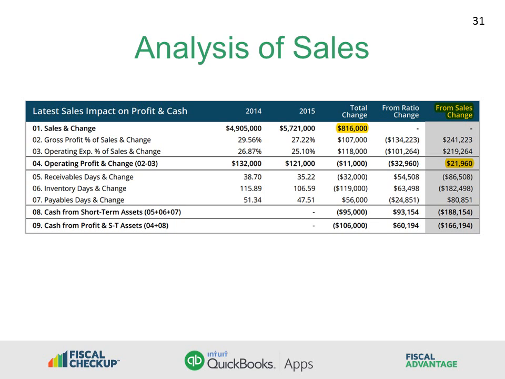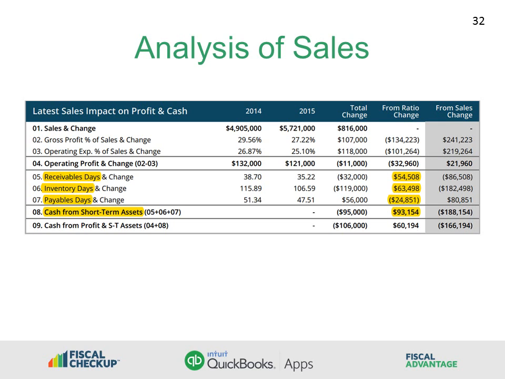Which means the new sales actually contributed almost $22,000 in profitability, which was able to reduce the overall operating loss. In fact, had this company not had these profitable sales, the loss would have been almost $33,000.